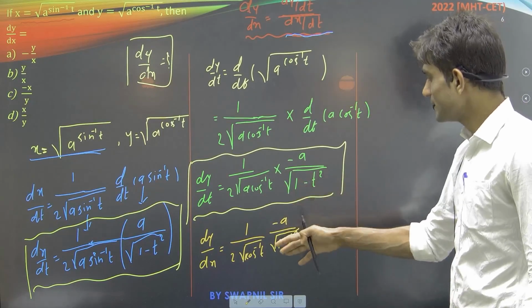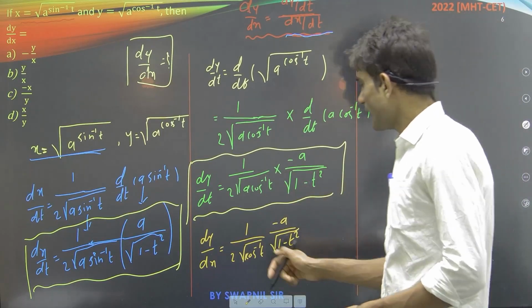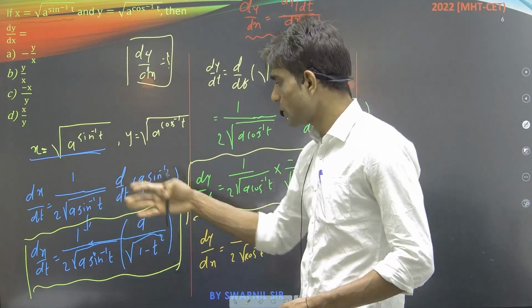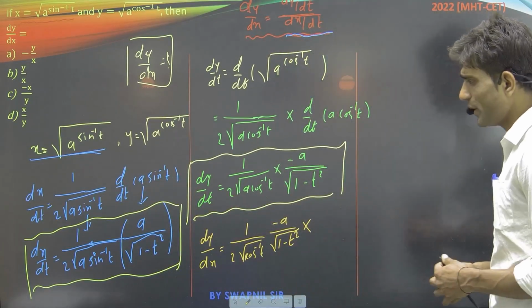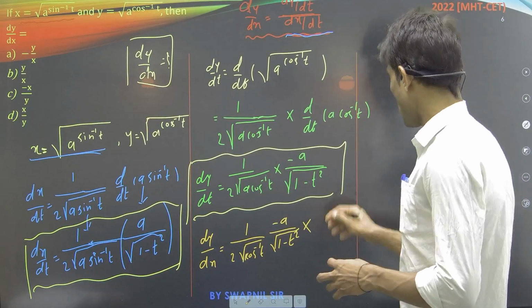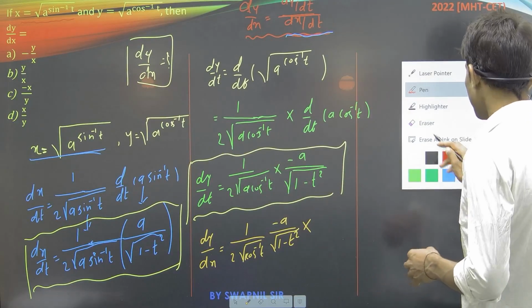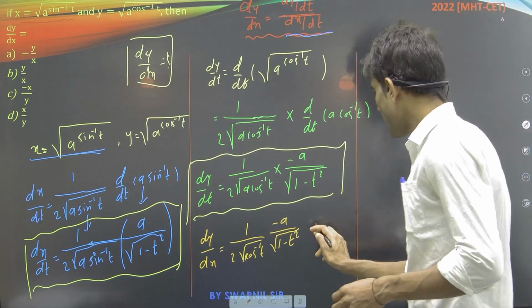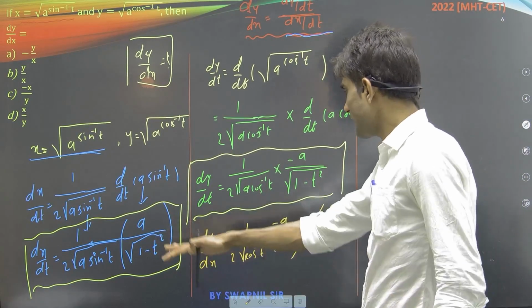This is the value for dy by dt, and it is completely divided by dx by dt. Take the reciprocal, so the numerator becomes part of the denominator and the denominator becomes part of the numerator. Or you may take the division directly, because we have to cancel terms.